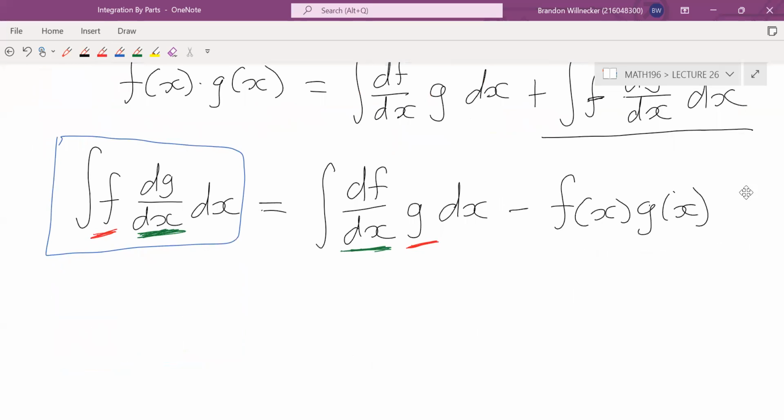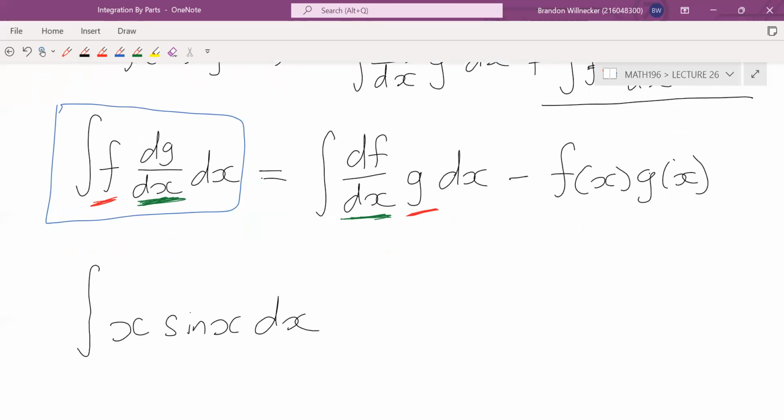So the idea is that if we have a problem like the integral of x sine x dx, we have a product of two things. What we are looking for is f and g. We're looking for one part of the integrand that is easy to differentiate, because f becomes df by dx.